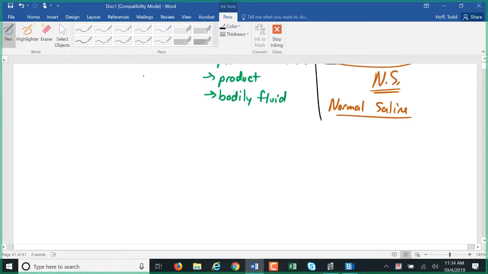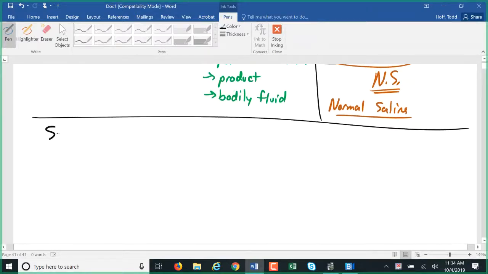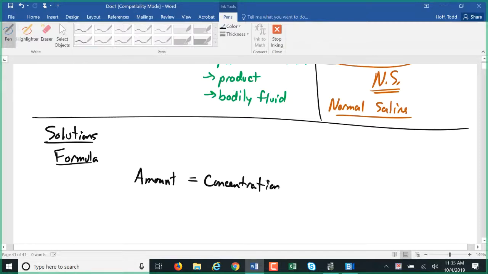So obviously we're going to be dealing with solutions here. And in that last unit, we dealt with solution mixtures. And one of the things we saw there was our formula that said the amount of that active ingredient is equal to the concentration times the volume of the whole solution.